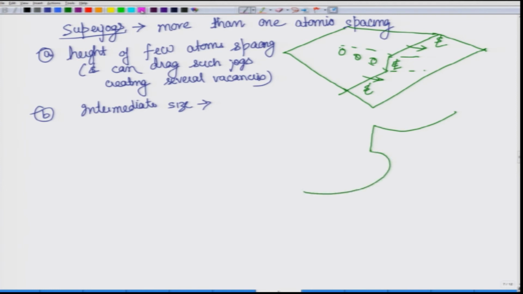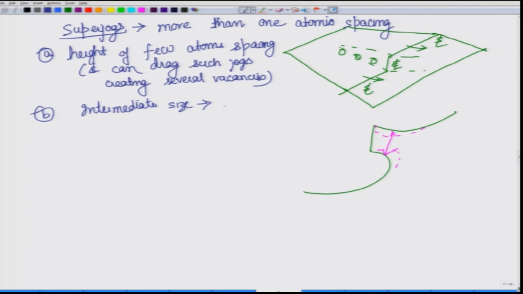So, the 2 arms keep interacting, and since they are interacting, it will not overlap to this region. For that overlapping, you will need very large stress, because there is interaction between the 2 arms of the dislocation. So, that is the intermediate size.